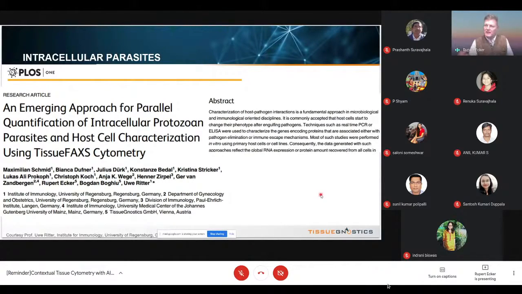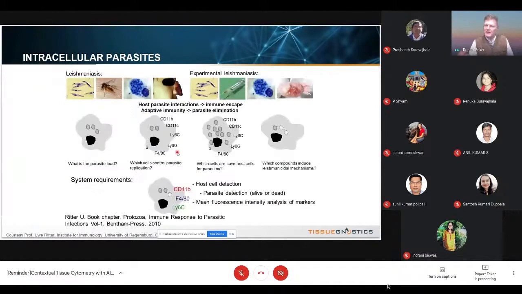I would like to show you here, however, an example which might be of interest in particular for India, which is intracellular parasites. It's the example of leishmaniasis. This has been developed in collaboration with the Institute of Immunology in Regensburg in Germany. I'm not going to talk about the biology of leishmaniasis, but about the methodology to detect the parasites intracellularly.